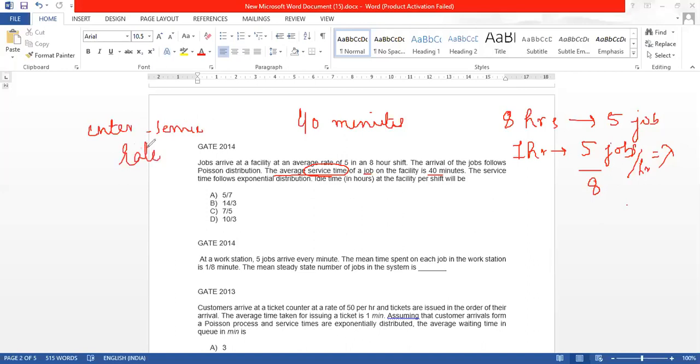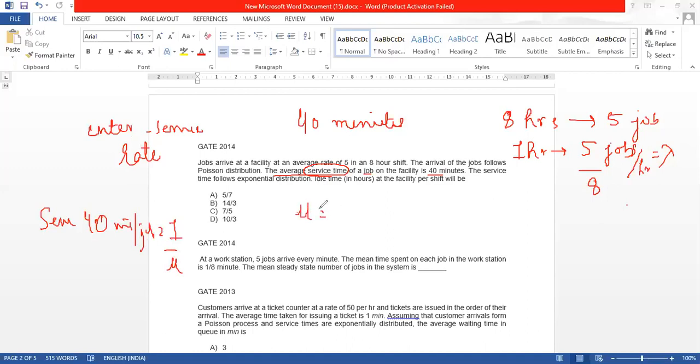We are finishing this unit today and still you are not able to get the terms. Service time of a job: how much time does one job take? If he asked how many jobs in one unit time, that would be different, but he is talking about 40 minutes for a job to be served. Serving time is 40 minutes per job. This is the inter-service time.